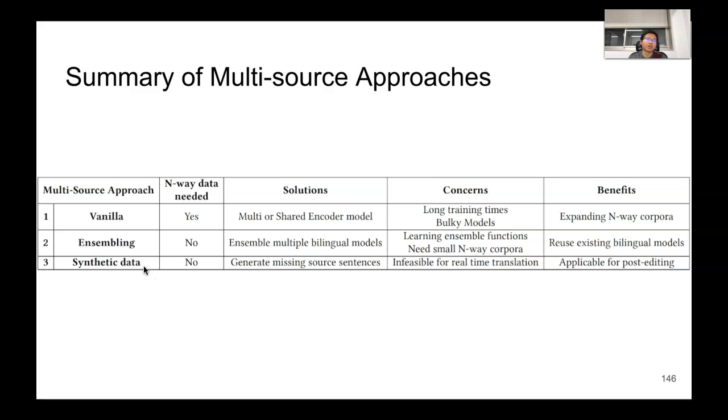The last one is synthetic data, a data augmentation method, which can help to generate the missing source sentences. The concern is that this is not feasible in real-time translation, because you first have to generate the pseudo sentences, right? But the benefit is that in the case of post-editing, it might be applicable.